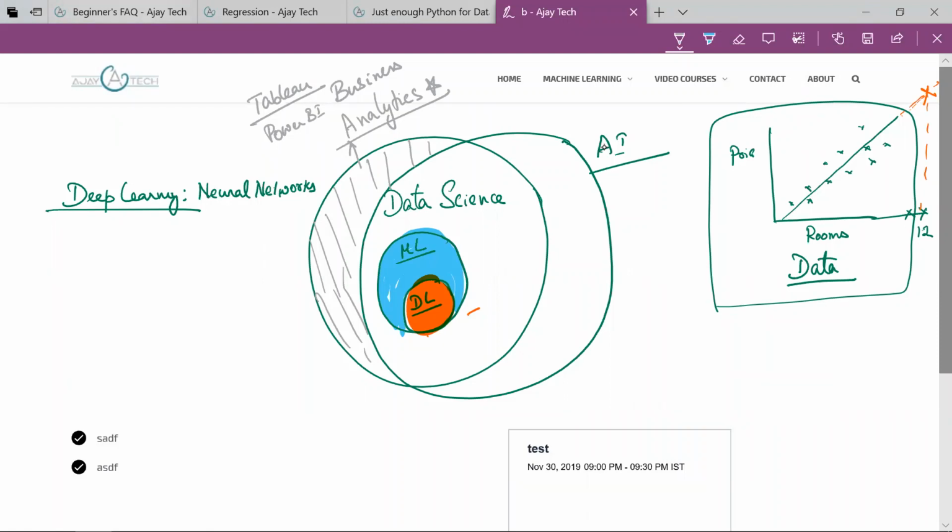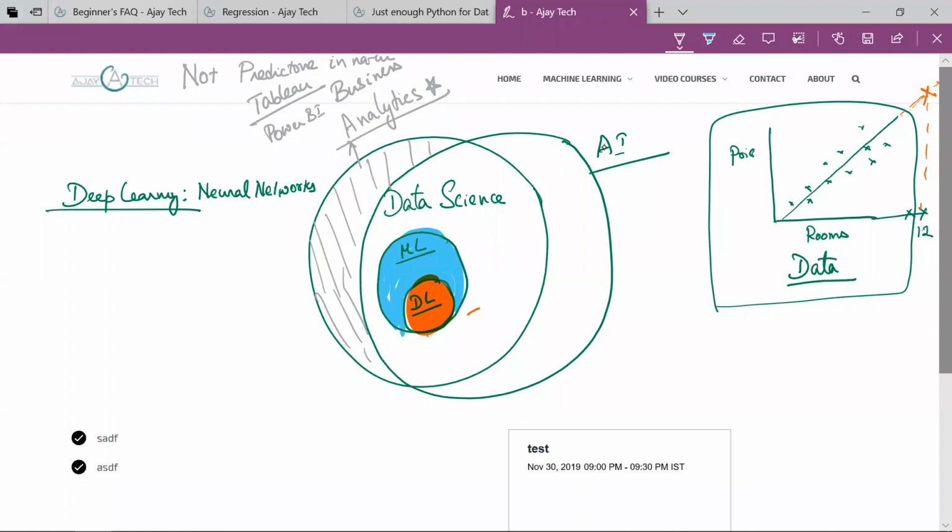The difference is that these are not predictive in nature. However, AI need not be just predictive.